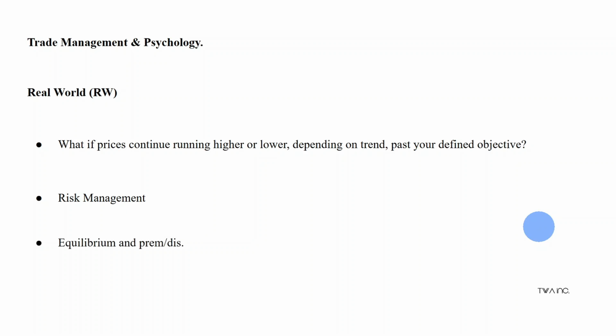Now, I was talking about equilibrium and premium and discount and all of that stuff, and how equilibrium and premium discount always influence how you manage your trades and your psychology. That's why you must always note the equilibrium price points of the previous dealing range you're trading into. Markets are likely to see correction from this equilibrium price point, and this would really help you to manage your positions. I've said that many times.